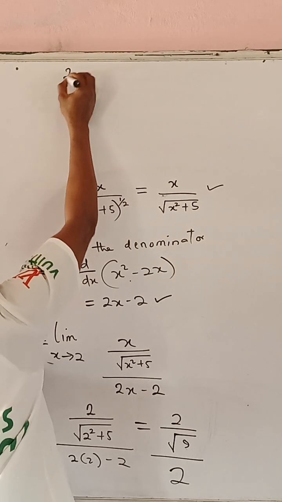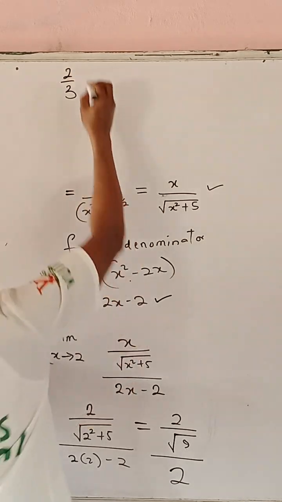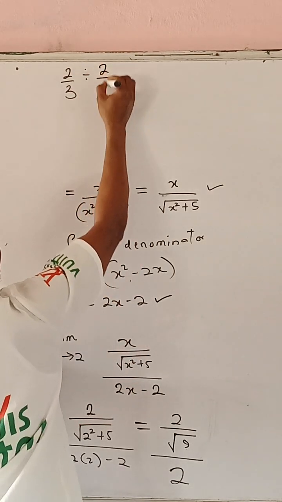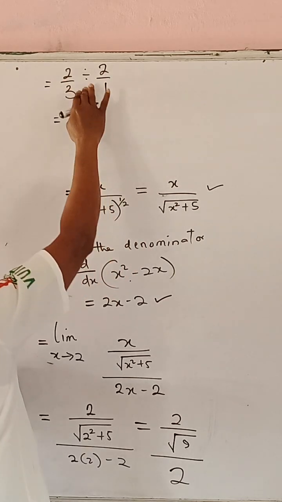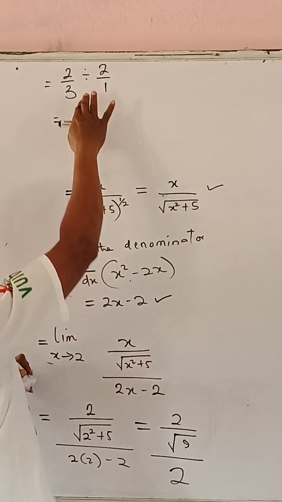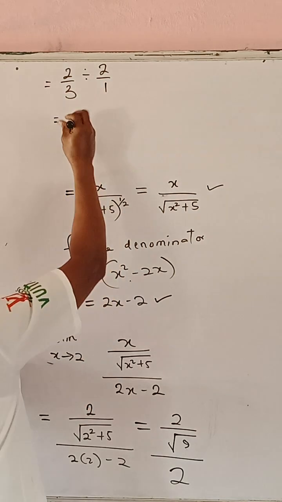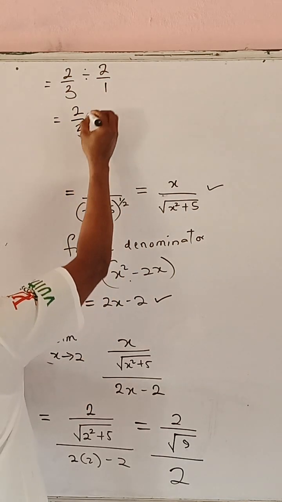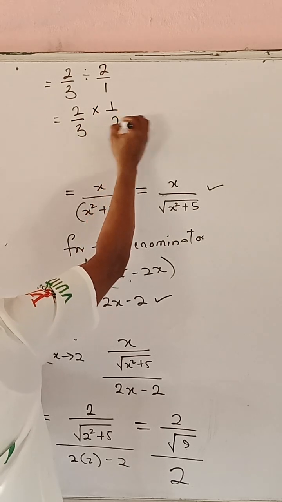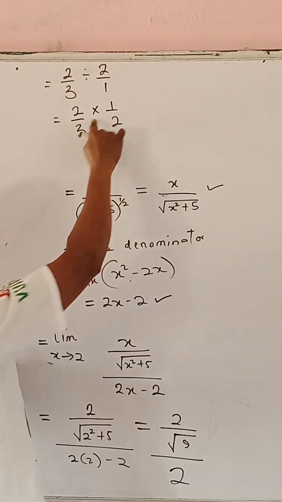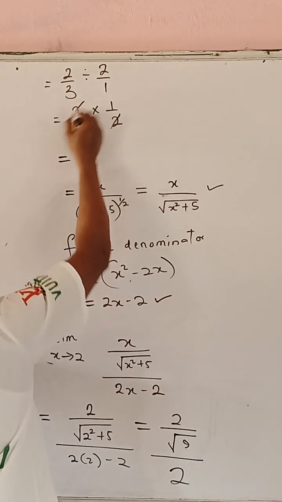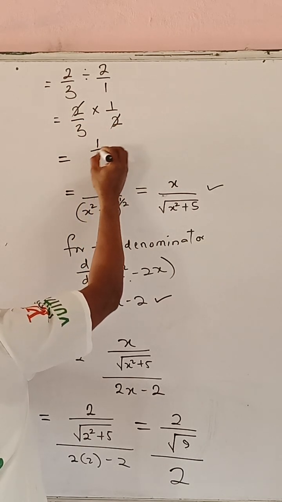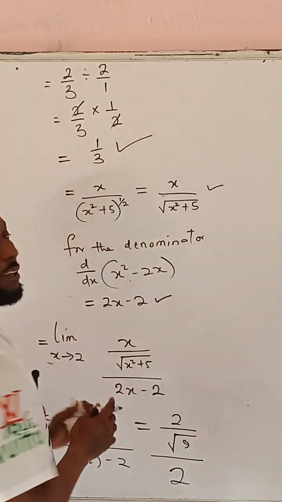This will now be 2 upon 3 divided by 2 upon 1. Now, if you have a division in a pair of fractions, you invert or reciprocate the second fraction and turn division into multiplication. So at the end of the day, 2 will cancel out. We are going to have 1 on 3 as our answer.